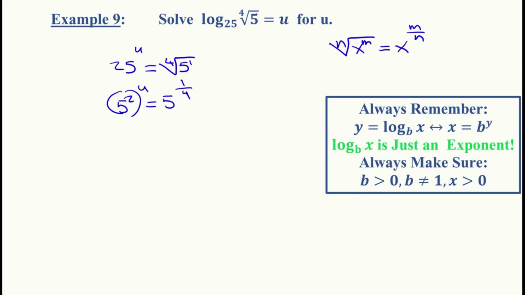So on the left side, we can go ahead and use the power rule to turn that into 2u. We get 5 to the 1/4 on the right side. And of course, now we have the same base on both sides. If two powers are equal and their bases are equal, the exponents must be equal. So we get 2u is equal to 1/4.